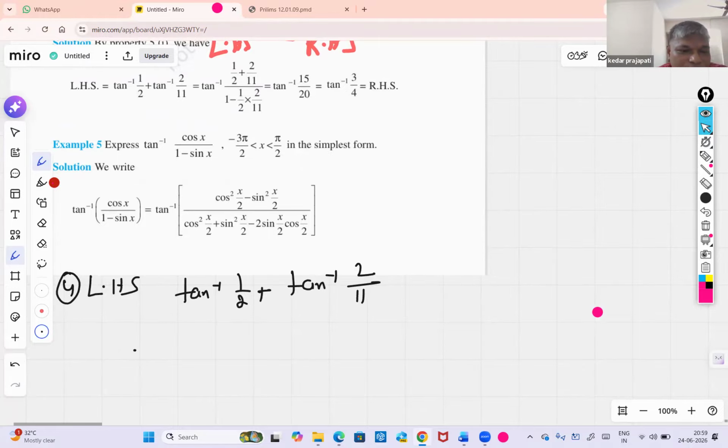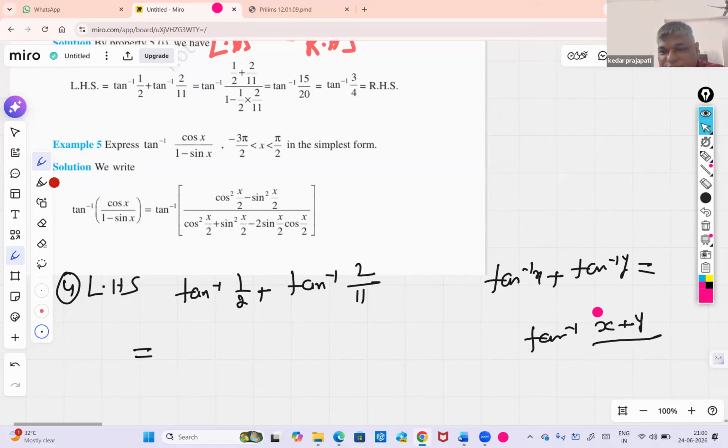Now just now we read: tan inverse x plus tan inverse y is equal to tan inverse of x plus y divided by 1 minus xy. So let us make use of this formula. You have to mention that you are using this formula.